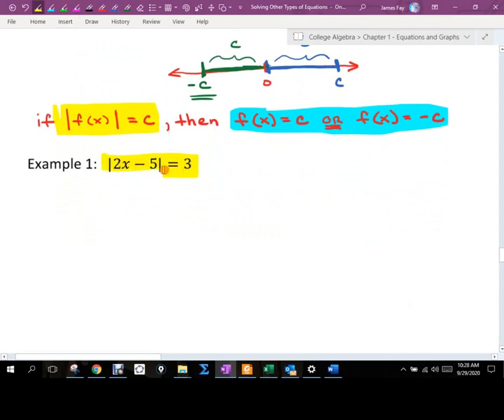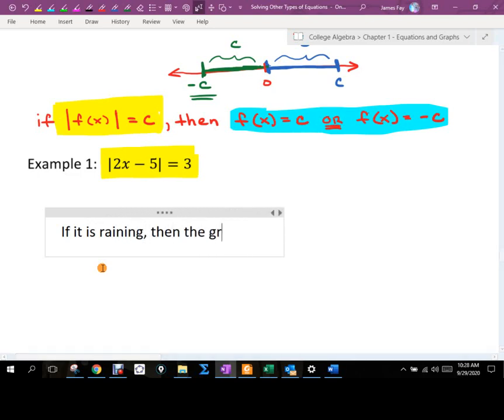Does this problem right now, does my specific problem match the yellow highlighted up here in my rule? Yes. So if you remember from geometry, that's called the law of detachment. If I wrote something like this, I said, if it is raining, then the ground is wet.